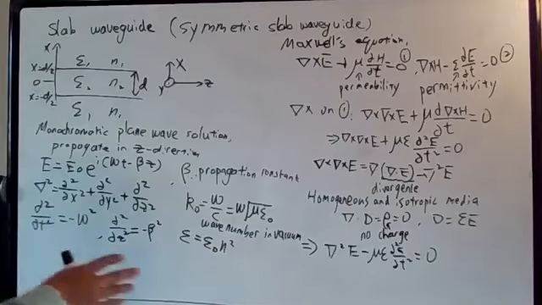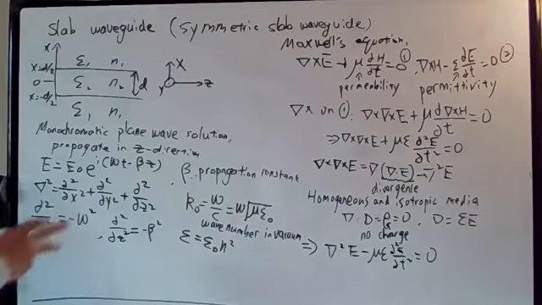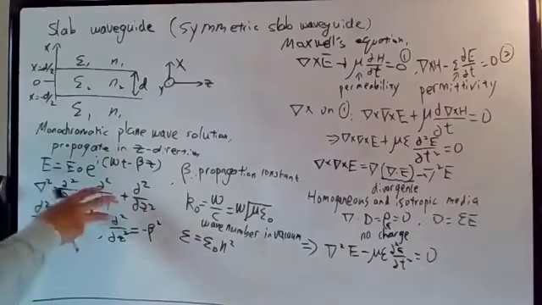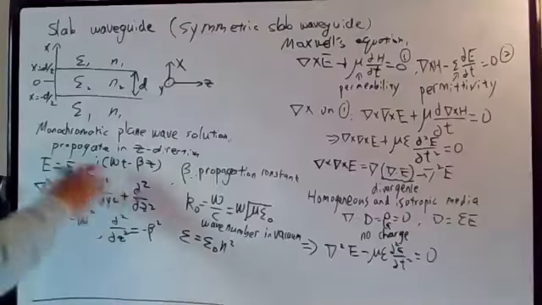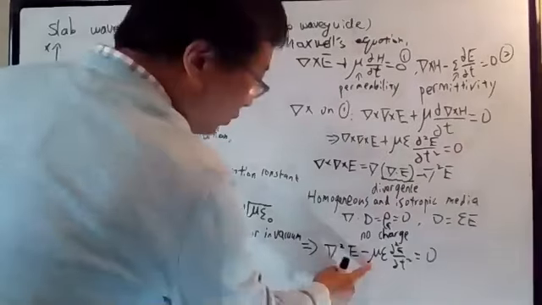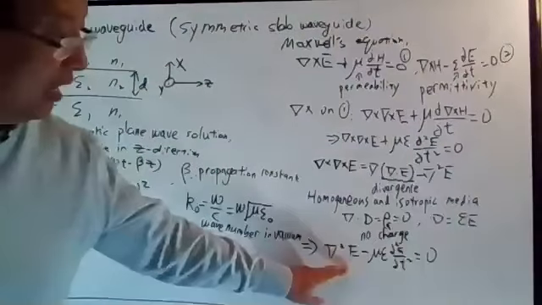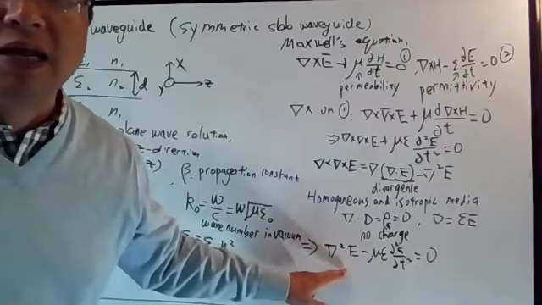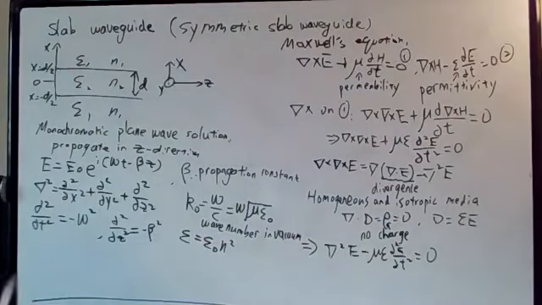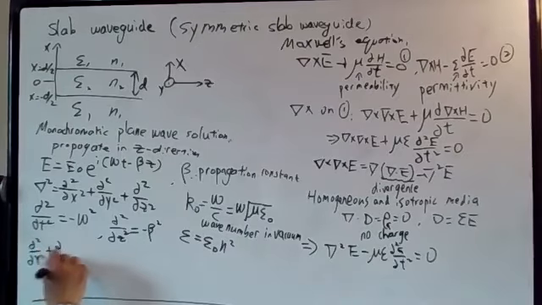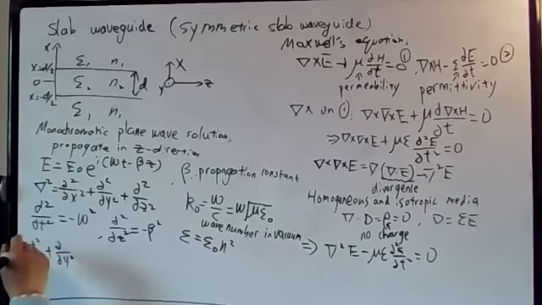Next, we are going to apply this operator on the original equation we derived. We replace the Laplacian operator by partial x squared plus partial y squared.